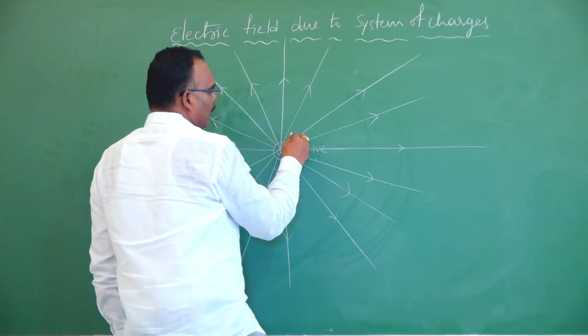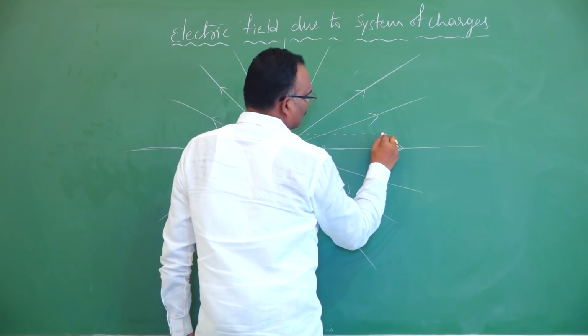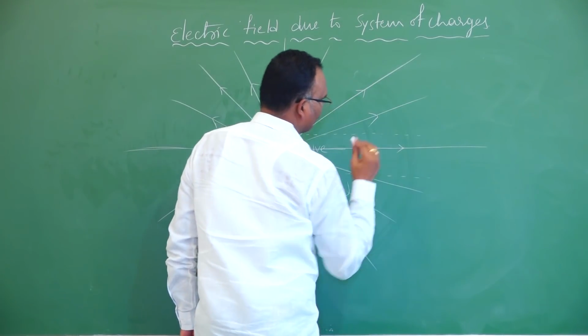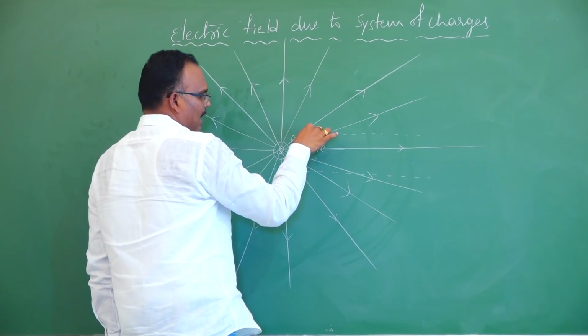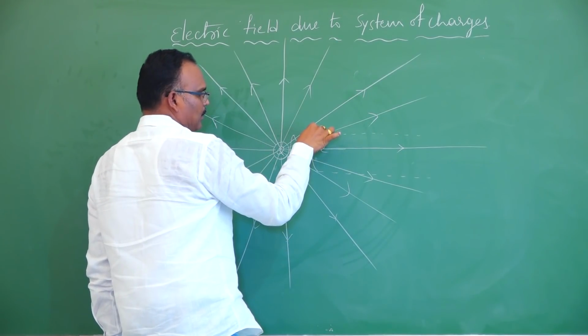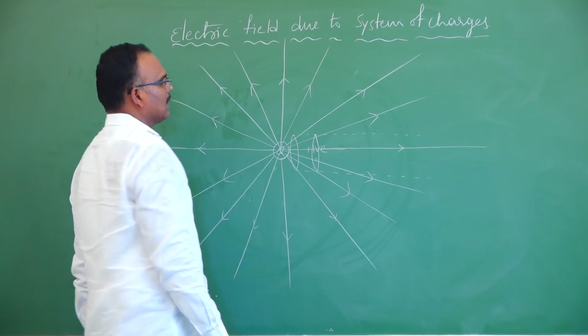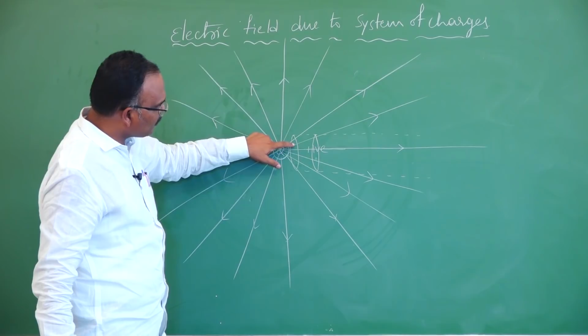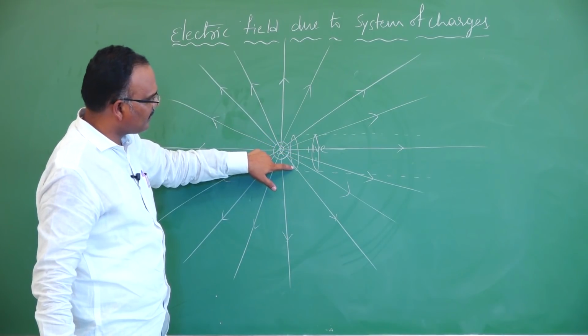Okay, if you take this bangle away from the charge, for example, I have taken to this position, then here the number of field lines passing through the bangle is 1, 2, 3, 4, 5, 6.